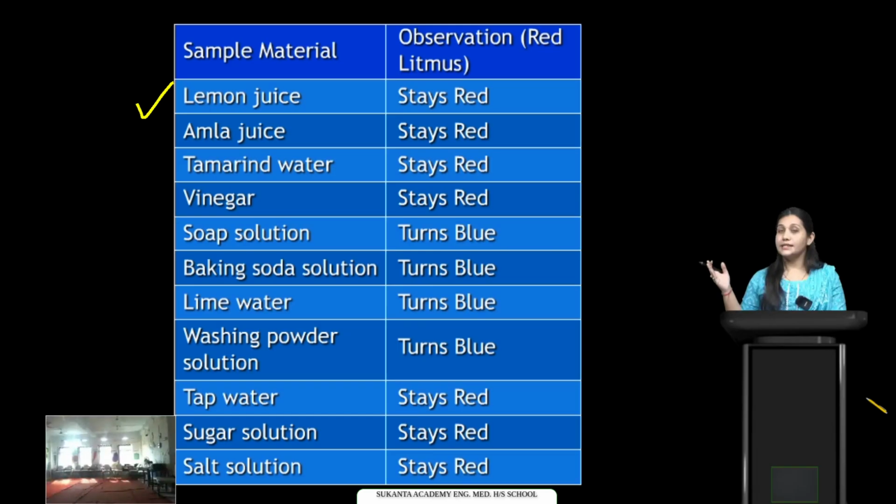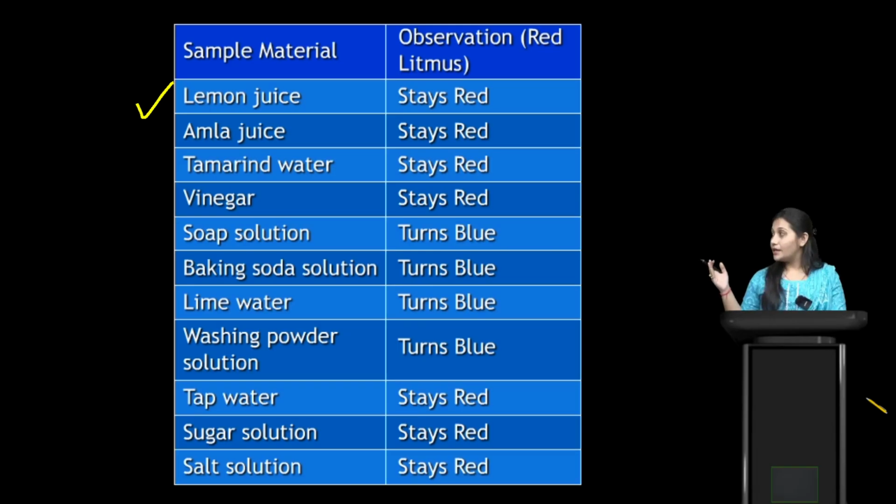Okay. So here we have used this baking soda solution. Even the baking soda solution also turns blue if we use this red litmus paper, isn't it? Now there comes lime water. If we use red litmus paper in the lime water, it also turns blue.